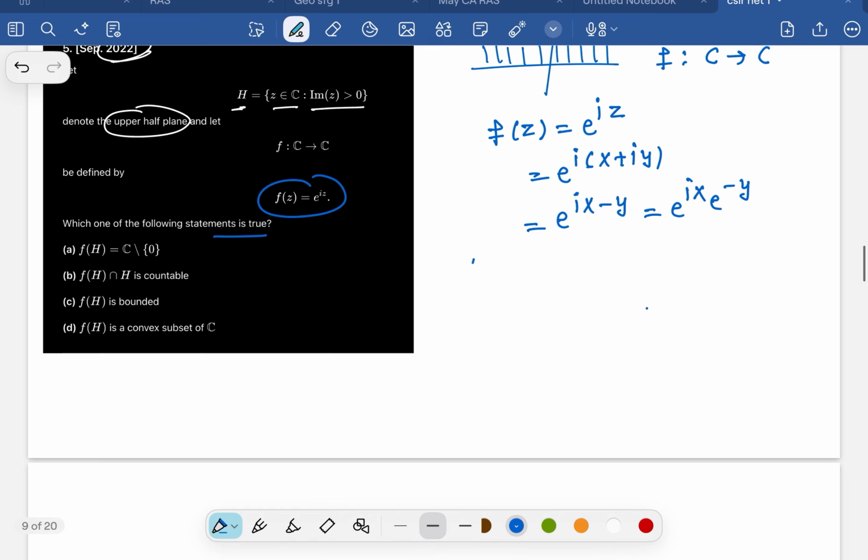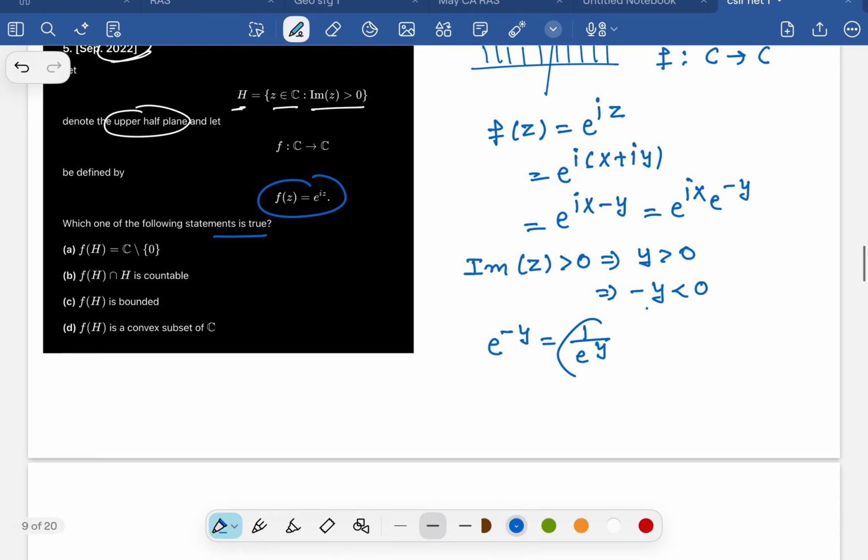Now we are given that imaginary part of z is greater than 0. It means y has to be greater than 0 because y is the imaginary part of z. It means minus y has to be less than 0. So basically what is e to the power minus y? It is 1 upon e to the power y.